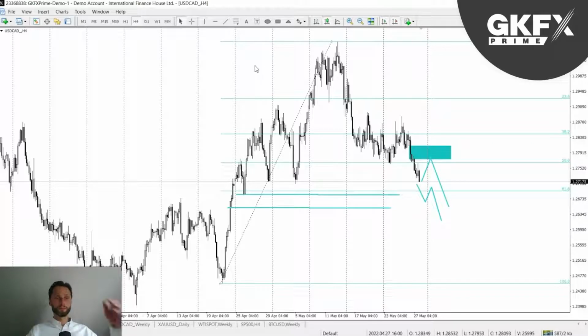So again, bearish on the dollar, which lines up with this dollar CAD, and bullish on the pound dollar, which lines up with the weak dollar. We also have, if you remember from last week, spoke about oil, and oil is tied to the CAD.